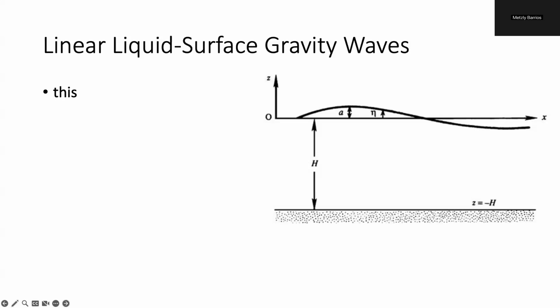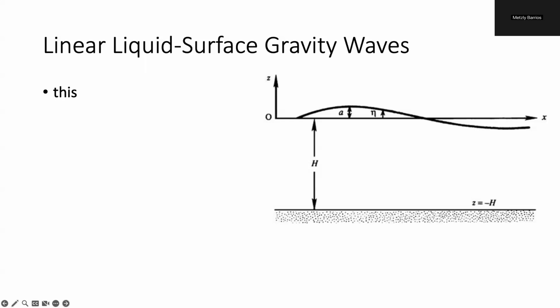If that's the case, then it must certainly be the case that we have the Laplacian, del squared phi del x squared plus del squared phi del z squared, must also be 0. Very good.